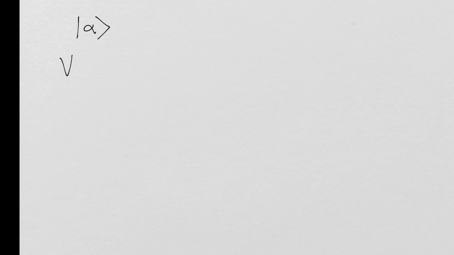So the kets are alpha, and V will have some basis of states. For example, let's say it was some kind of particle. Let's just use energy eigenstates. So V is a particle.